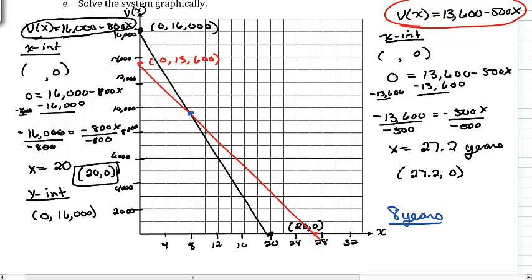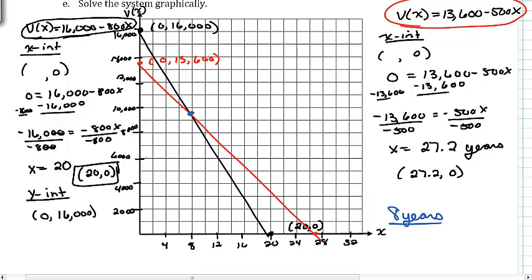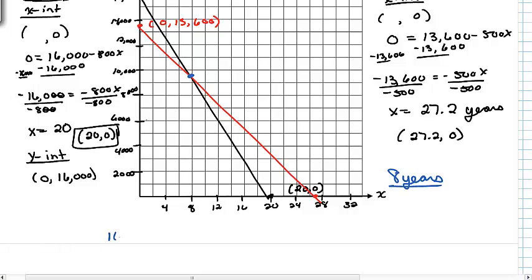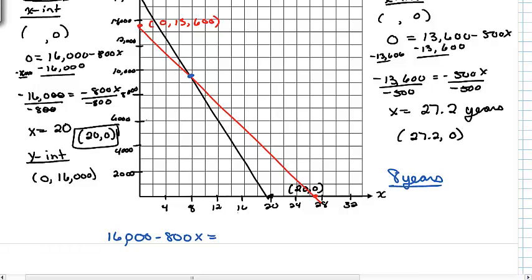We could also just solve these two equations using the substitution method. So you would take this, 16,000 minus 800x, and set it equal to this. So that would be writing out that one equation. And so that would be equal to 13,600 minus 500x.